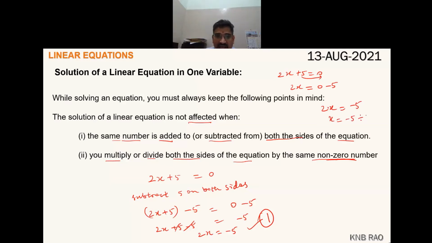So it becomes 2 dividing on the other side of equality, and minus 5 by 2 comes. This is another technique called the transposing technique, and the earlier one is the balancing technique. Use either of these, but you must do it correctly. Solving a linear equation in one variable is the easiest thing that we could do. Then let's move on to the next part.